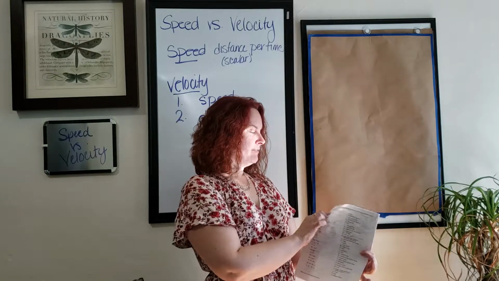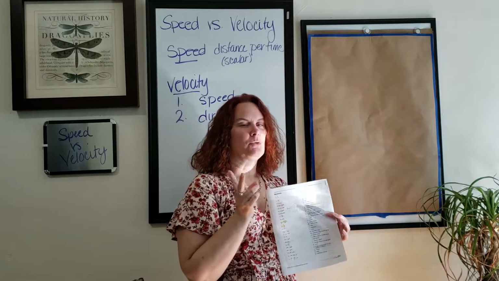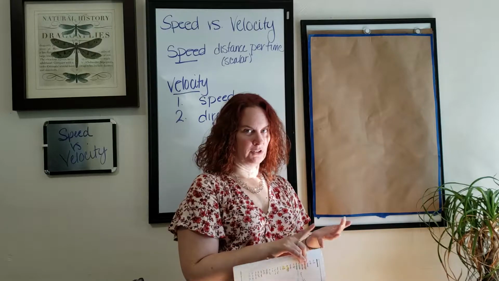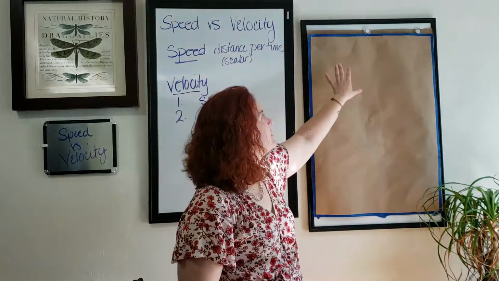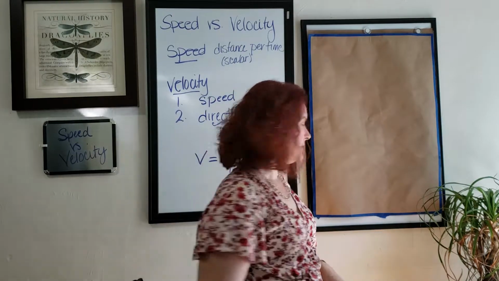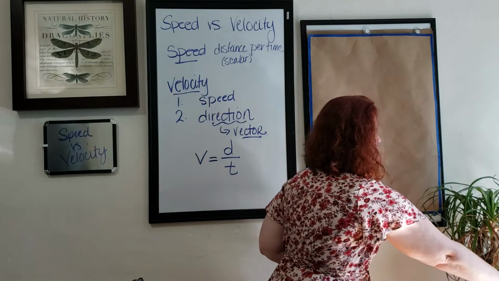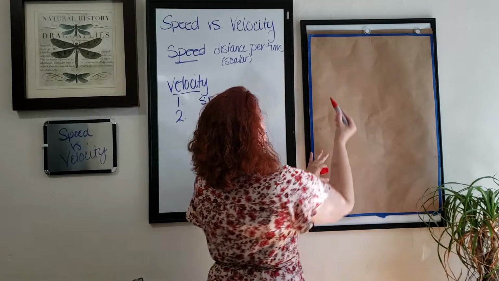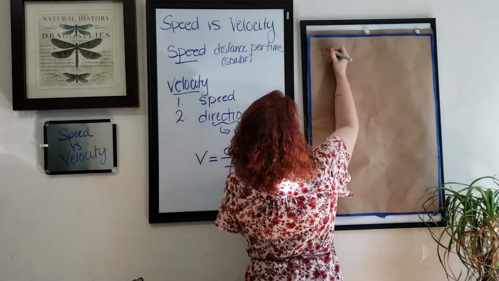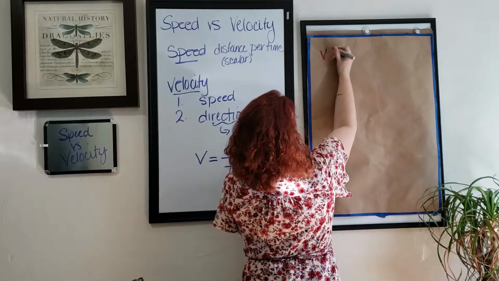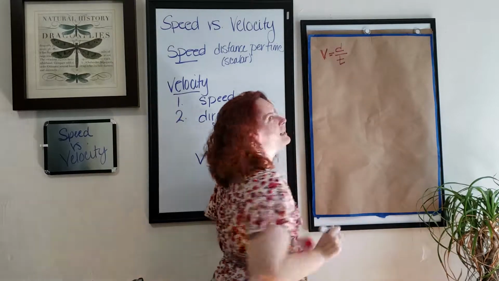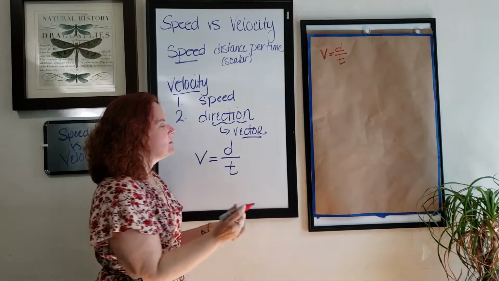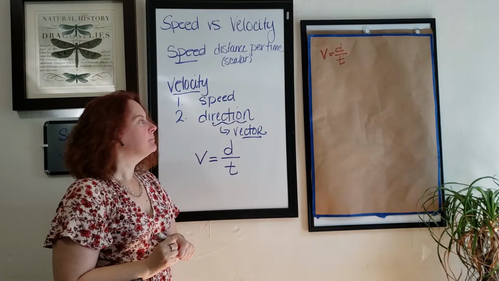We know two of them already, velocity and acceleration, but I'm going to put them here as reminders so that we always know: velocity is our distance over time, or displacement over time.